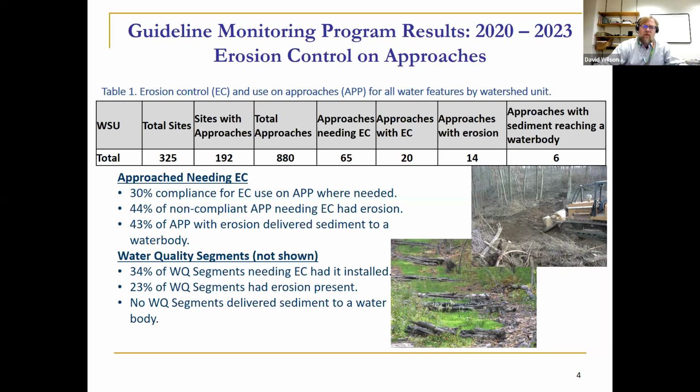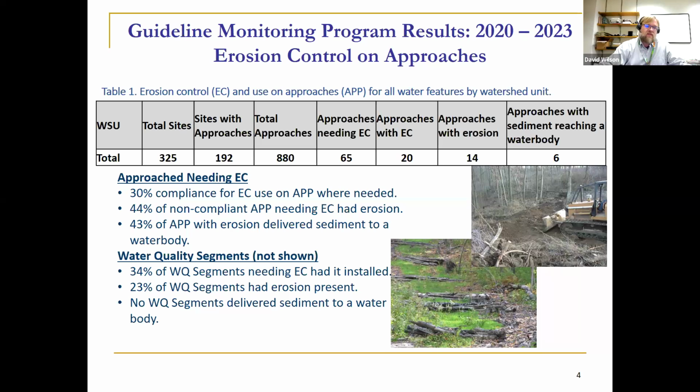I'm going to talk a little bit about water quality segments. It's kind of a strange concept, but what the guideline monitoring program does is goes around, looks at all the skid trails, roads, landings to see if there are slopes and slope lengths involved with the infrastructure that would require erosion control to be used. And so on 34% of the water quality segments needing erosion control, it was installed.